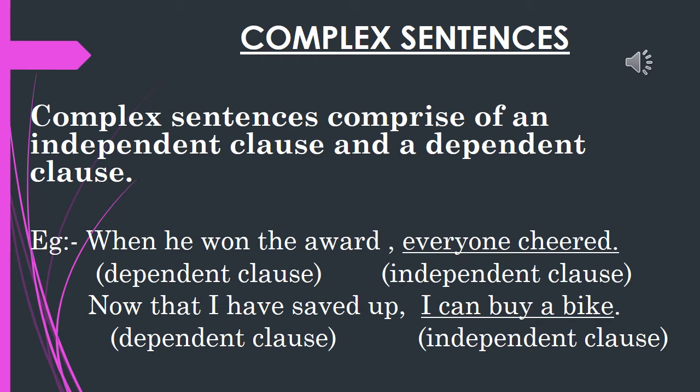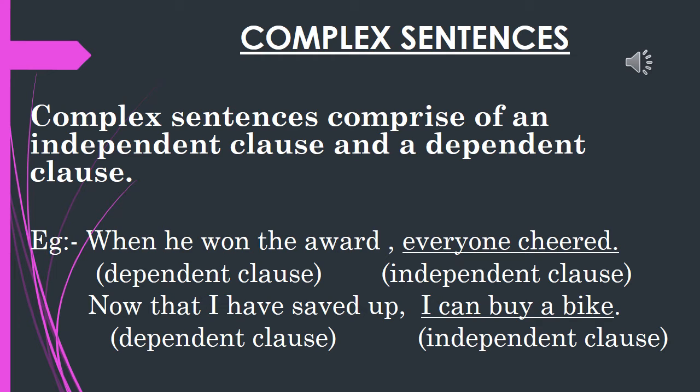Everyone cheered. Yes, it is an independent clause because it has a subject and a verb, and it can stand by itself and it gives a complete thought. So you can say that it is a combination of a dependent clause as well as an independent clause. So it is a complex sentence.